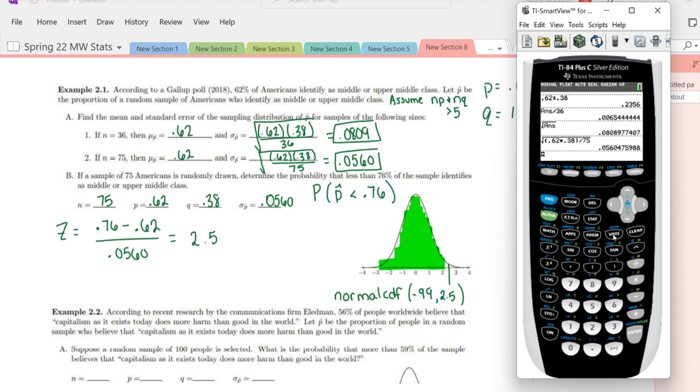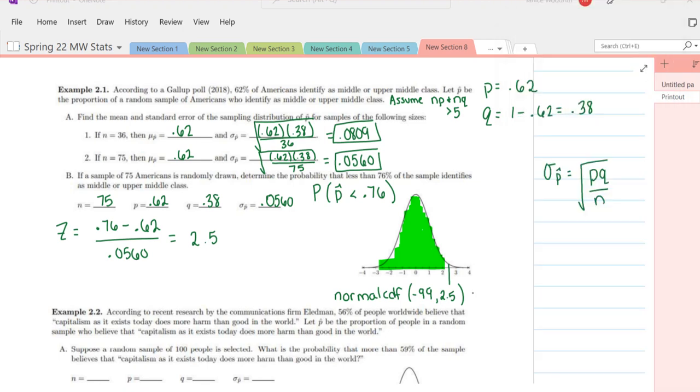So second distribution, normal CDF, negative 99, upper 2.5, paste. So 0.9938.